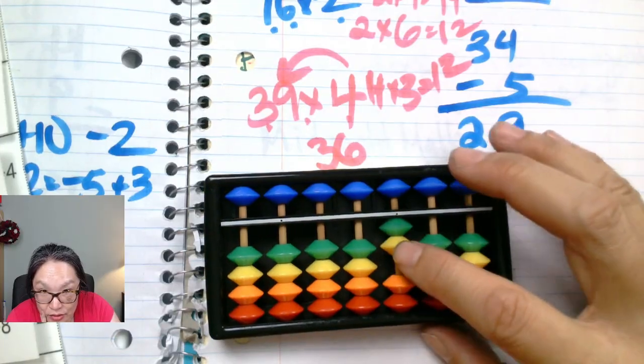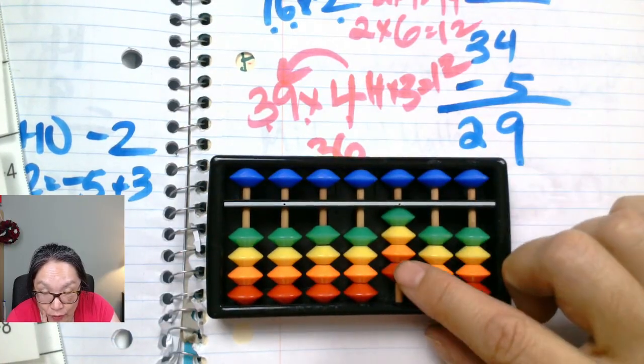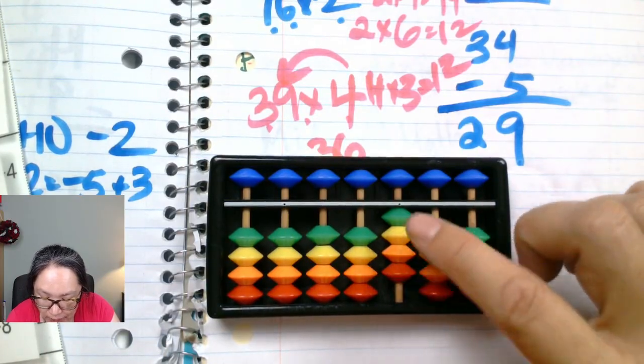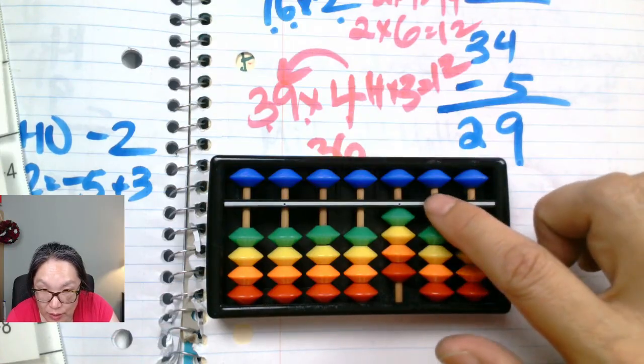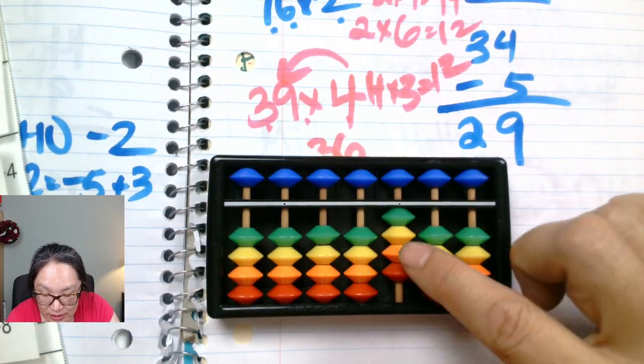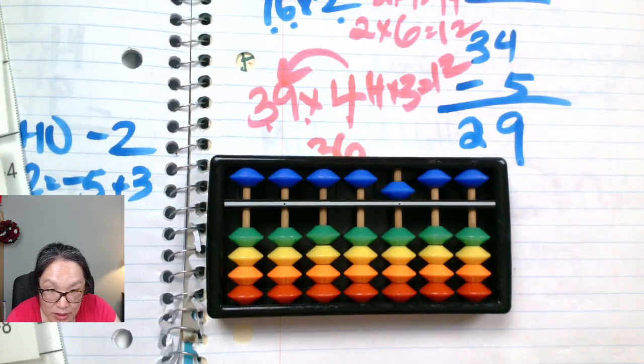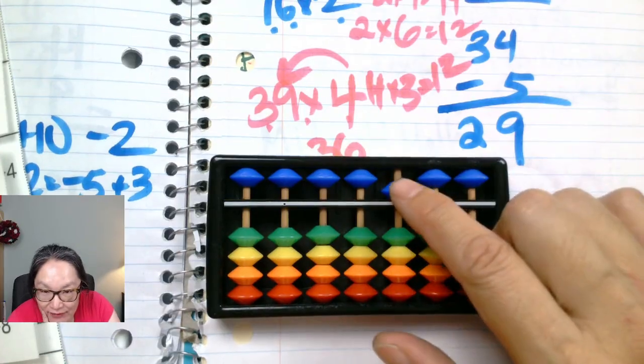1, 2, 3, 4. This is a value of 4. Anytime the beads are touching the horizontal bar, this is being counted. What is 5? 5 will always be the top bead. Someday we'll get to division. So we have 5.